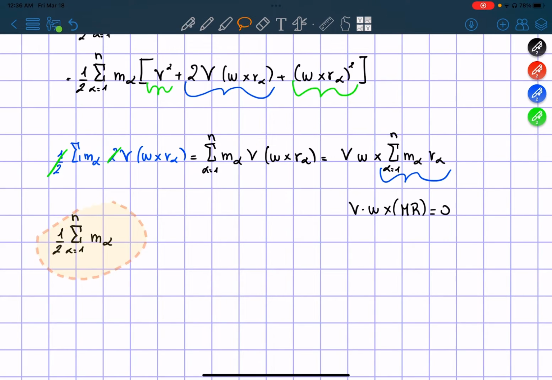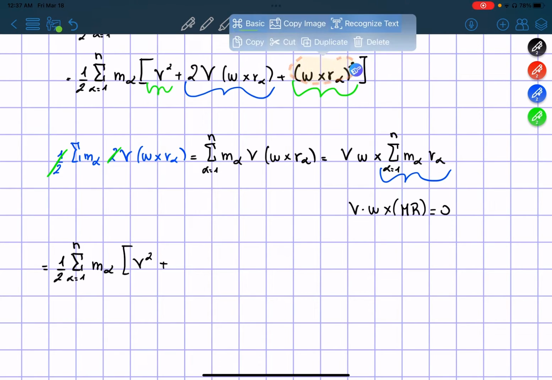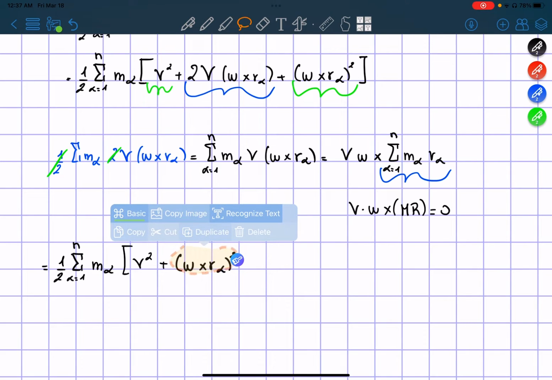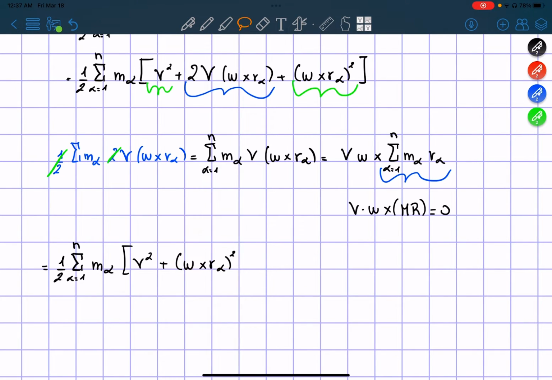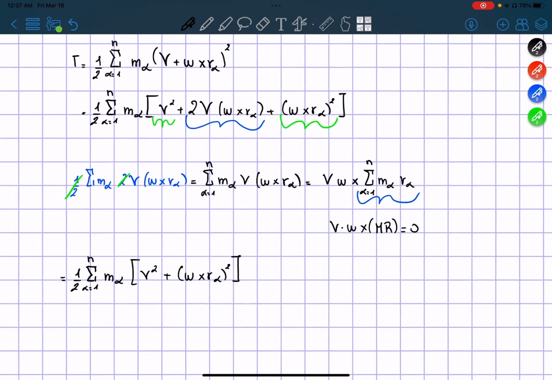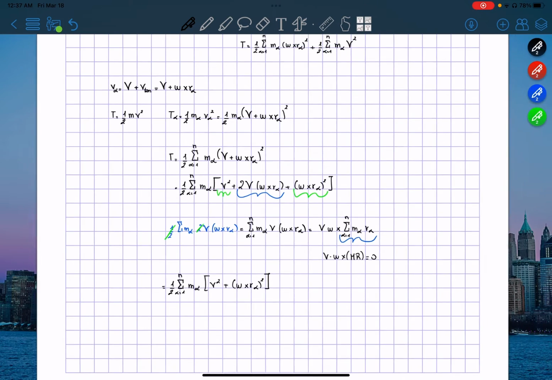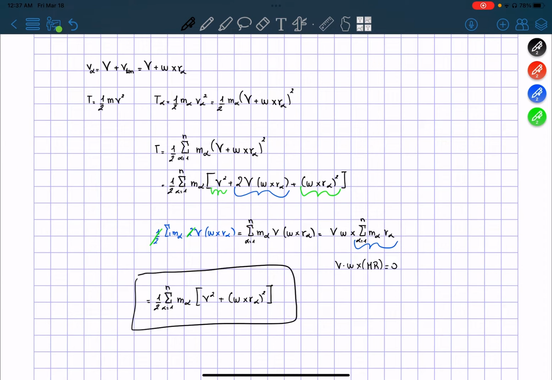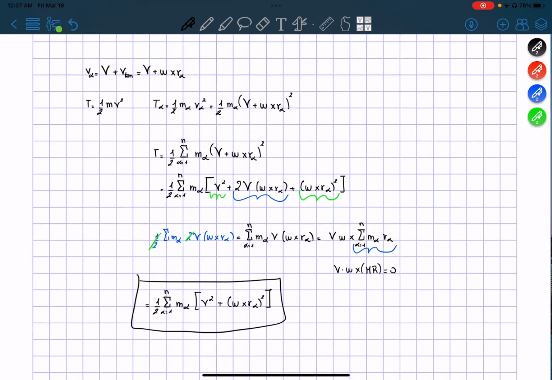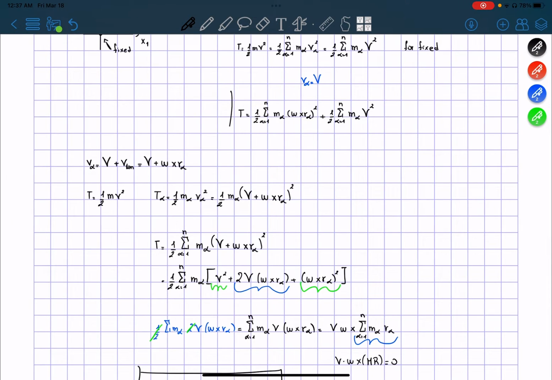We'll get this one right here, copy and paste over here. And now let's go a little bit more down. Capital V squared plus the second part right here. There we go. So if you notice, we got the same exact thing that I got previously over here.